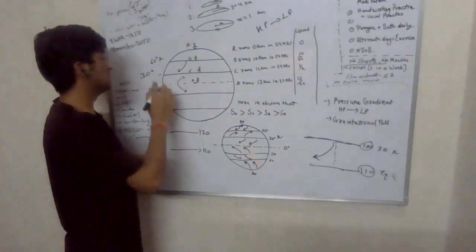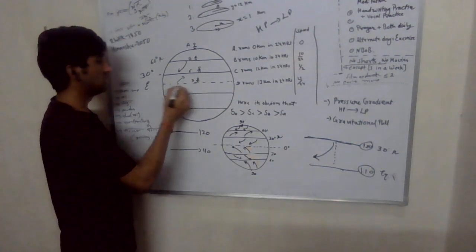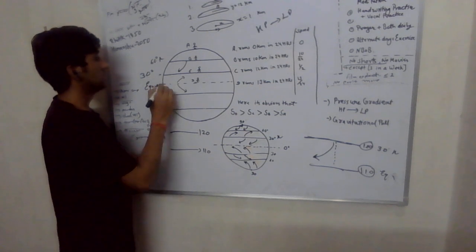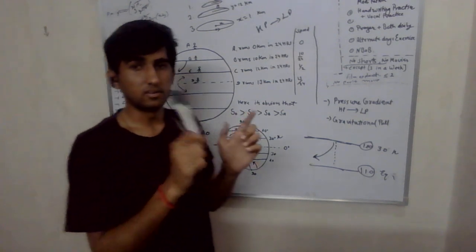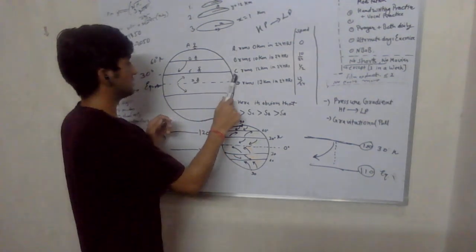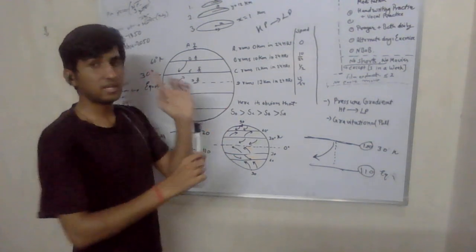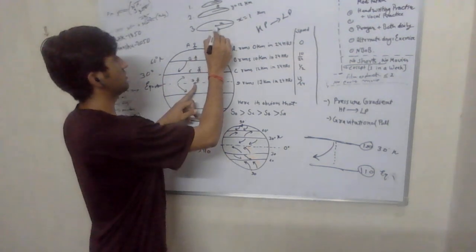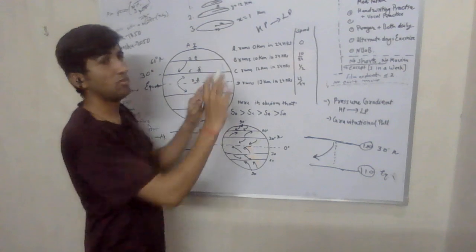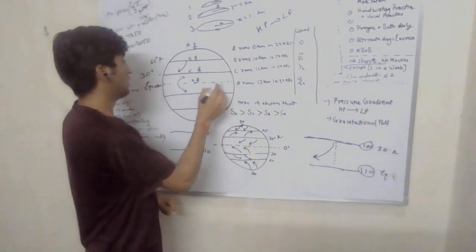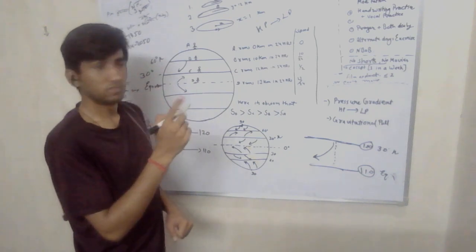Now, D is standing on the equator. Now, the air we observe on the Earth circulates completely in 24 hours. Let's say D has to travel a distance of x kilometers, the circumference of the Earth, which is the equatorial latitude.